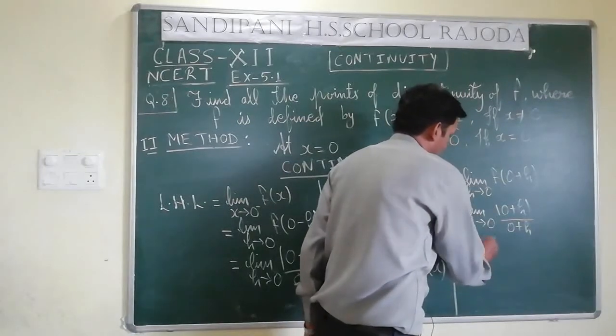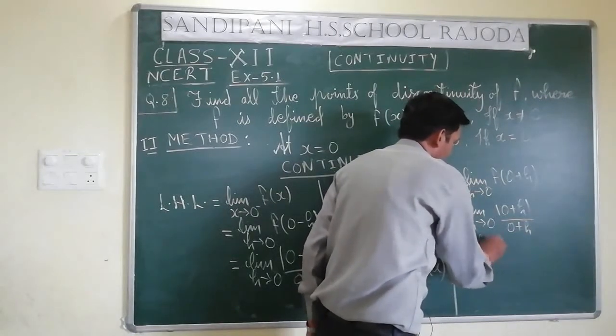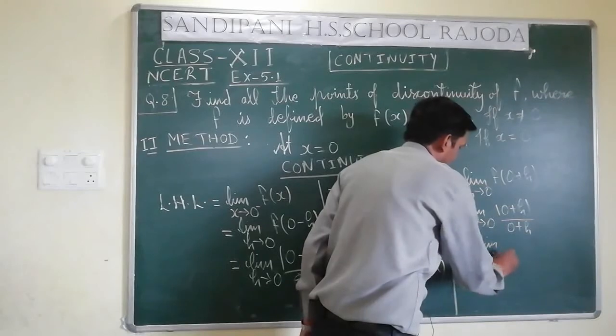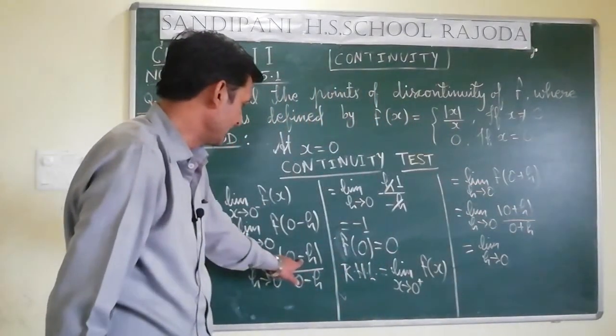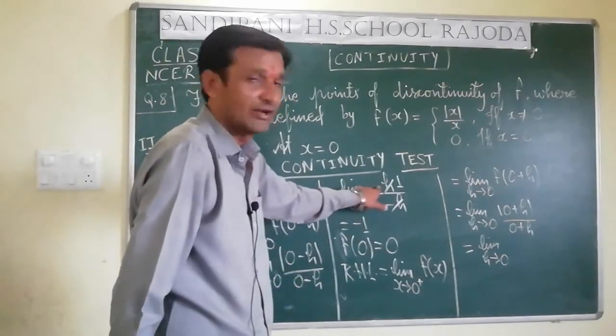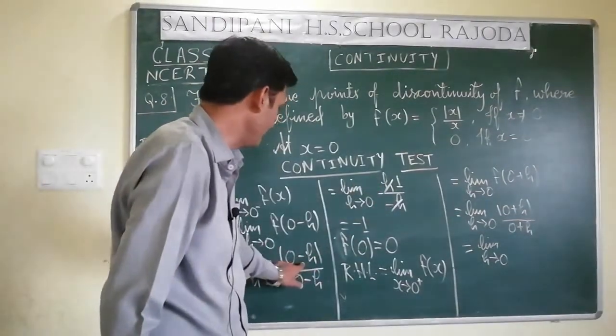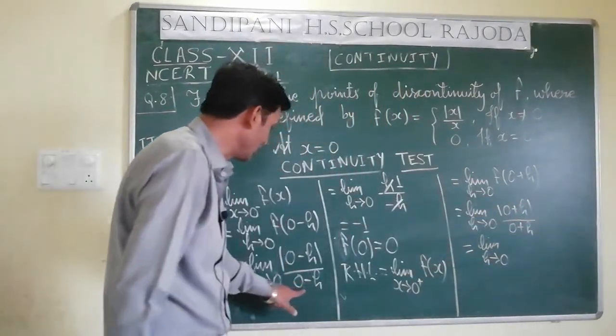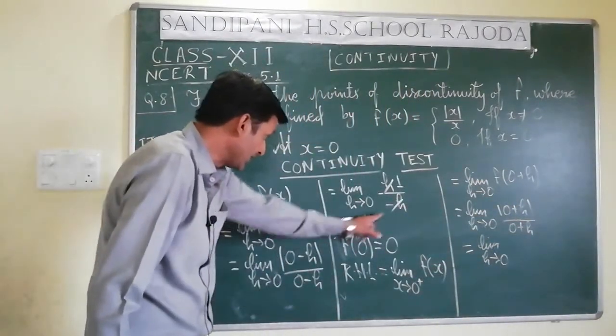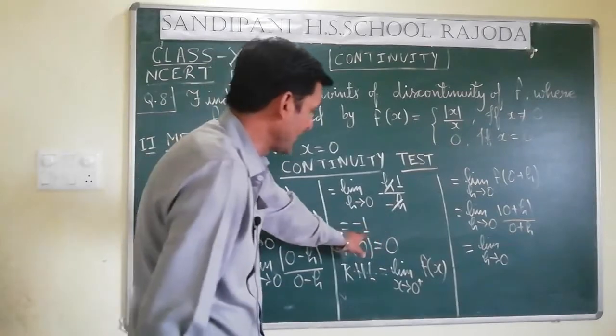It will be equal to limit h tends to 0. Remember one thing, modulus means negative will become positive in case of modulus. So, here it will become positive. In case of positive, it is positive, but due to denominator, here it will become negative. That is why it is minus 1.